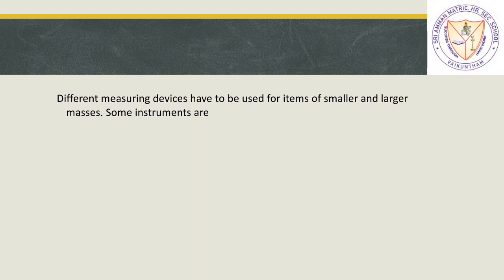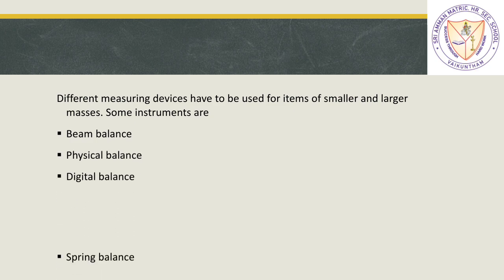So for that case, different measuring instruments or devices are designed so that they are used depending upon our need, or depending upon the purpose for which they are used, right? Some such instruments are beam balance, physical balance, digital balance, and the spring balance. So we are going to see one by one what they are, up to what mass they can measure, and all those things in detail.